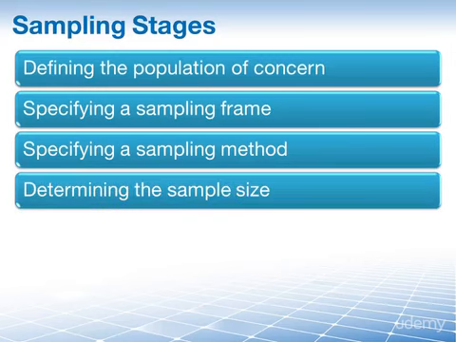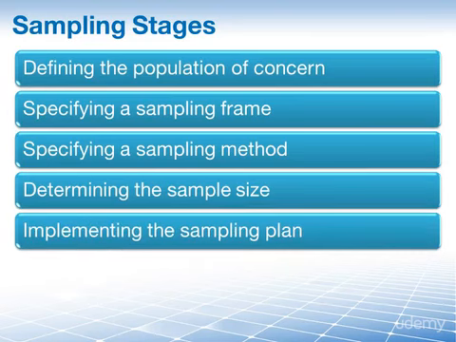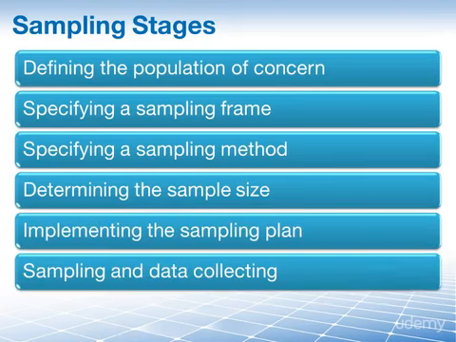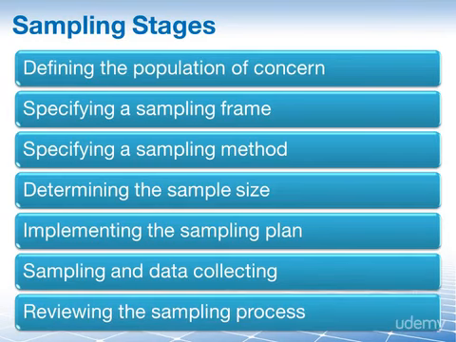Then fourth, we will determine the sample size, and next we will implement our sampling plan. This is followed by the sampling and data collection, and in the end we also need to review the whole sampling process and of course the data that we have collected. And if you look at this logically, it's nothing more than the plan, do, check, act cycle translated over to sampling.